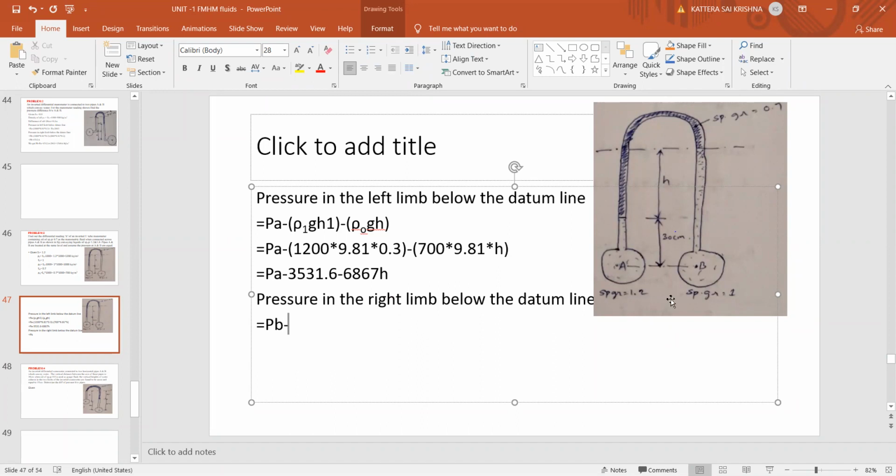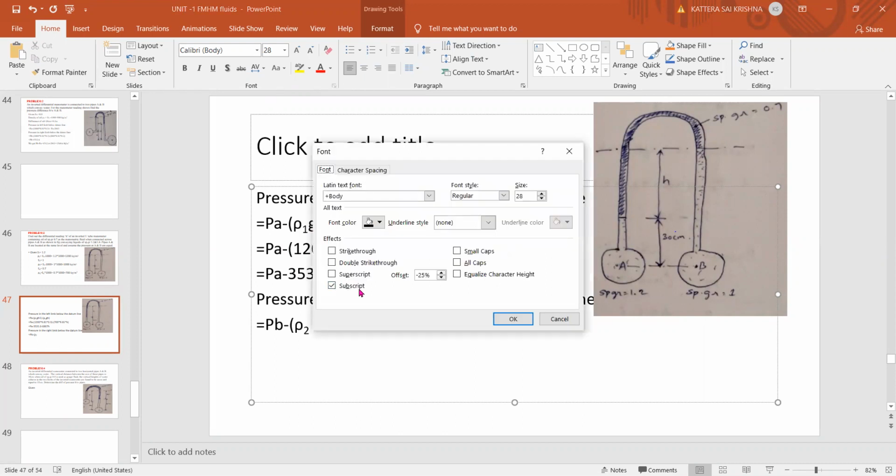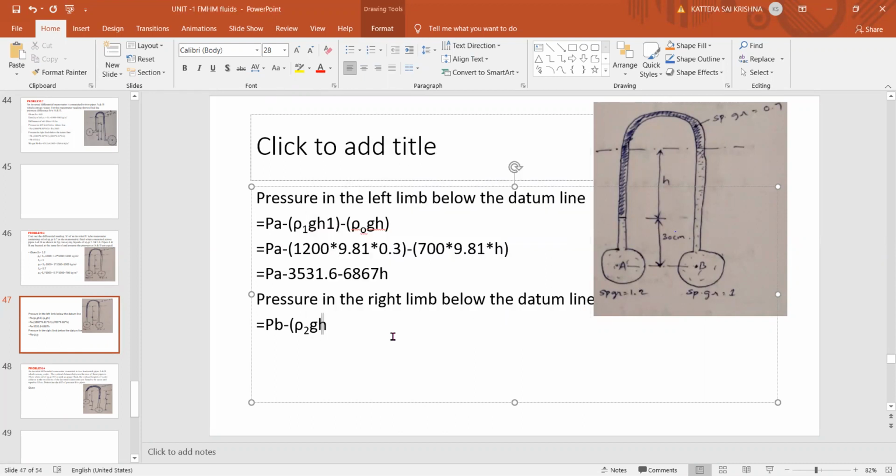Minus, what is the fluid here? Rho 2 g h 2.